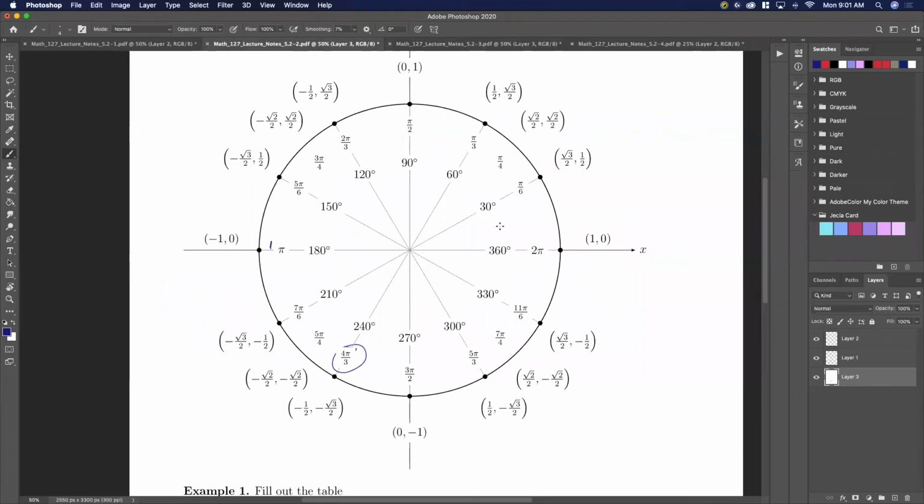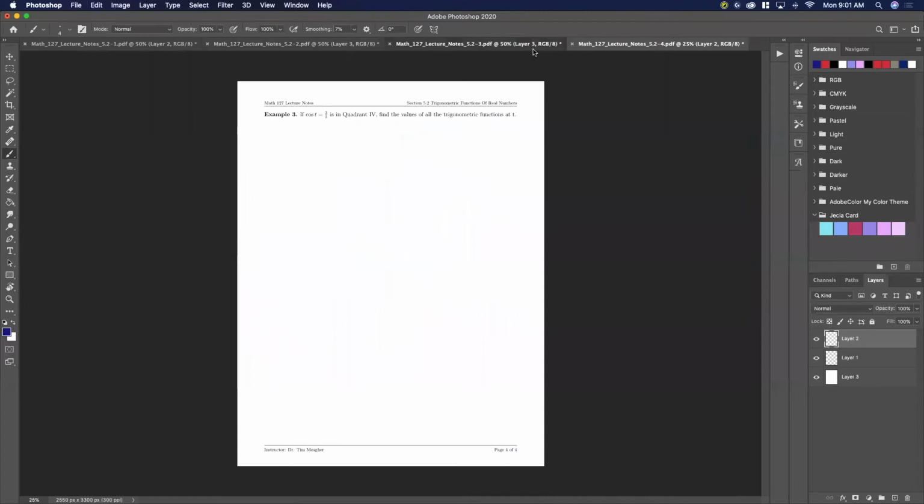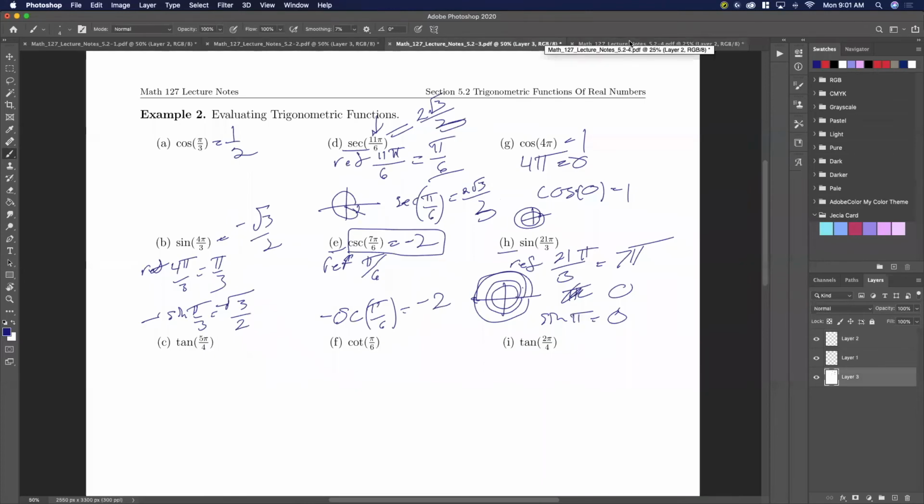Why wouldn't the reference angle be pi over 3? Because 3 divides 21 evenly, as in 7. Is the reference angle always going to be in the first quadrant? Yes.